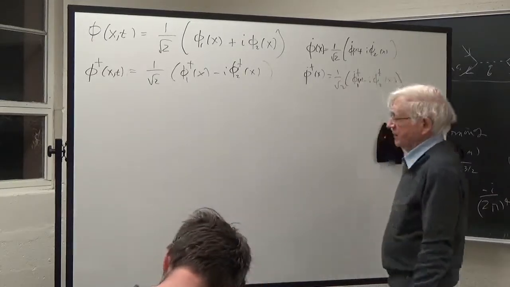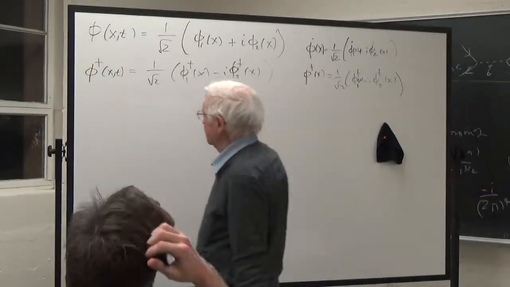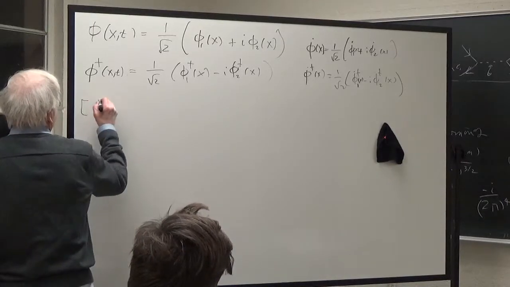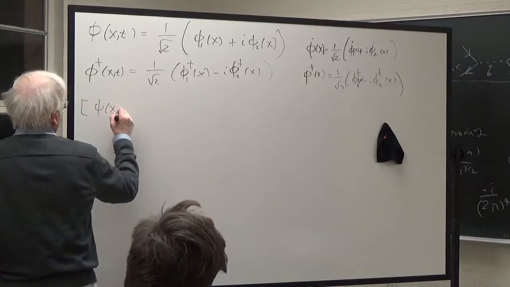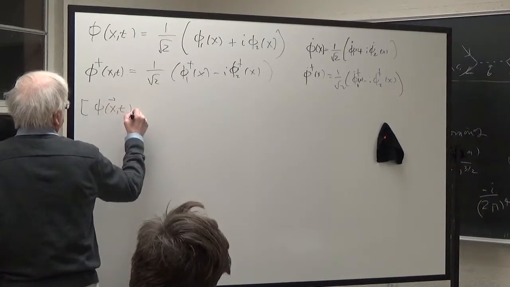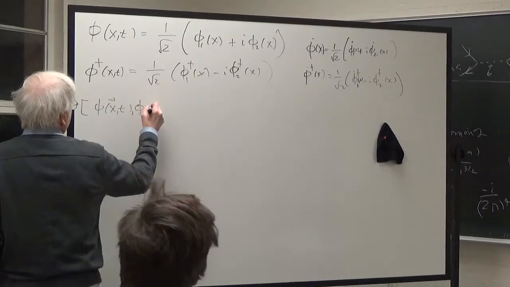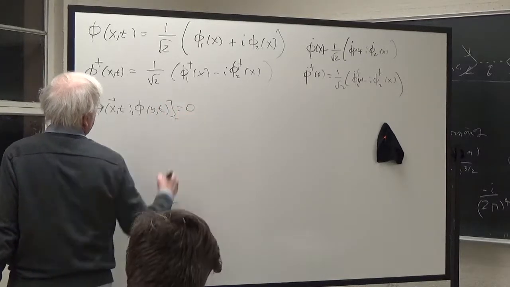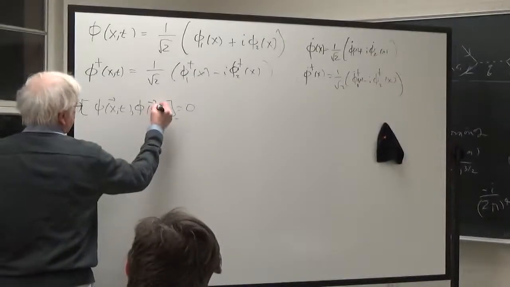Okay, so what are the commutation relations going to be now? Well, clearly phi of x and t with phi of y and t at equal time is going to vanish.